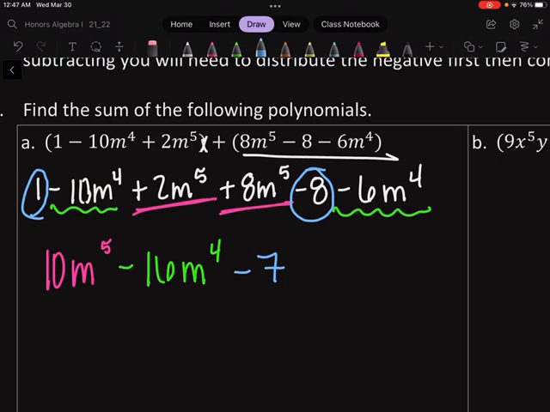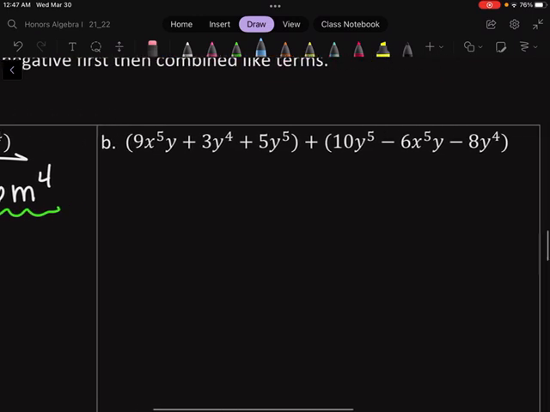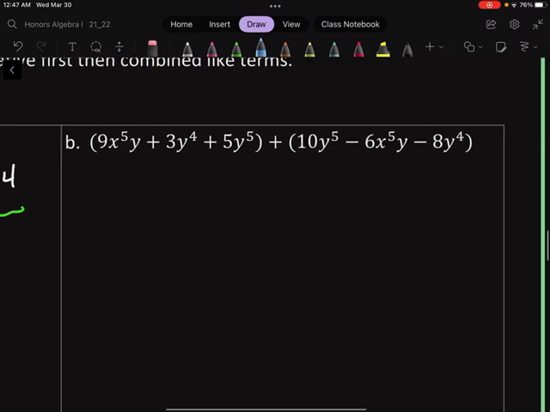Okay. What if I'm given two variables? So when I have two variables, each exponent must accordingly have the same exponent. So if x has a 5th power, we're going to have something x to the 5th.